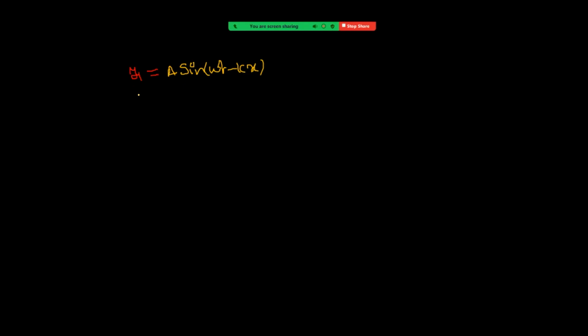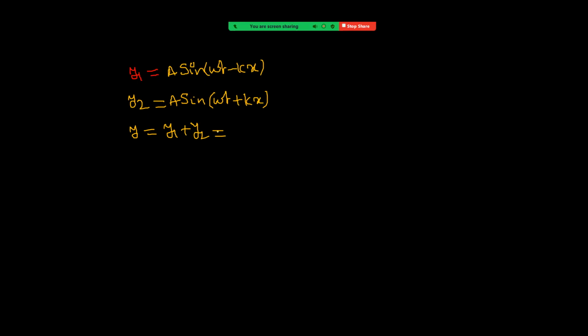One is propagating along positive x, and the second one, A sine(omega t plus kx), is propagating along the negative x-axis. When these two superimpose, see what we get: y equal to y1 plus y2.